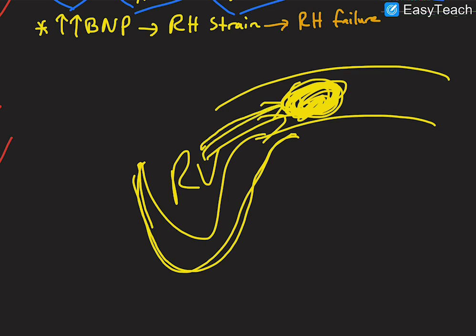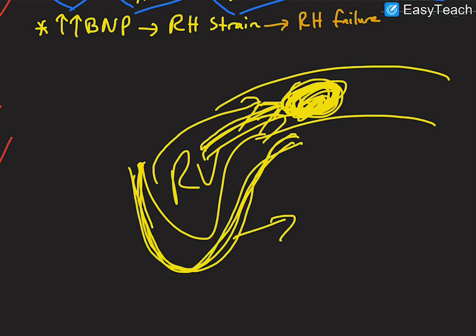Which can make your right ventricle more stretched, because if you can't pump blood properly forward, blood backs up and stretches your right ventricle. And on top of that, you get right ventricular strain, because you have to generate higher pressures now to pump blood across this huge clot. So if your right ventricle gets more strained and more stretched, it releases B-type natriuretic peptide.